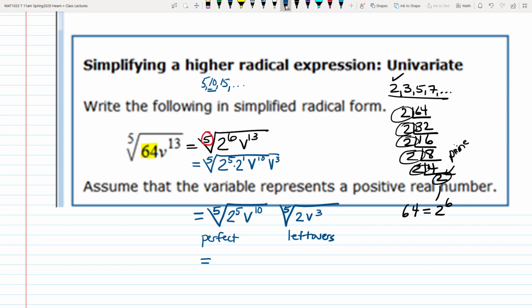The 5th root of 2 to the 5th is just 2, and the 5th root of v to the 10th, 10 divided by 5 is 2, so that's going to be v squared. And we still have the 5th root of 2v cubed left over tagging along here. And again, this is all multiplication, but we don't usually write that multiplication, so I'm going to erase that dot there. We have 2v squared times the 5th root of 2v cubed.